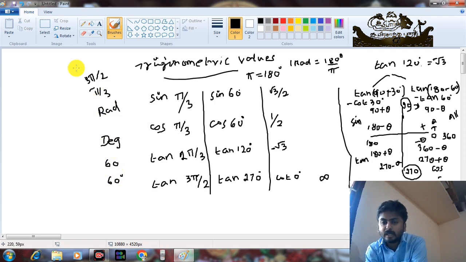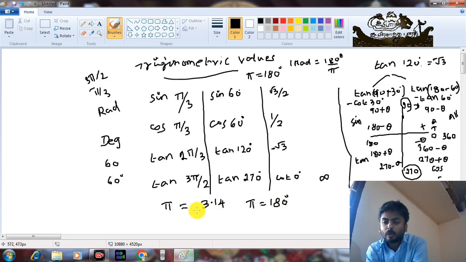In degree mode you should not use radian, because the pi in degree mode will be treated as 3.14. But actually in trigonometry pi is equal to 180 degree.